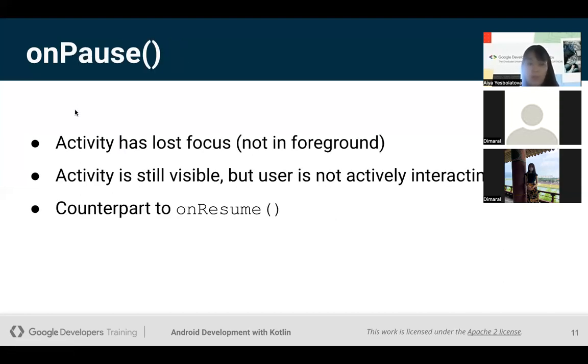And of course, if we have onResume, we should have an onPause call. This is where the activity is still visible, but the user is not interacting with it. And as I said already, it's a counterpart to onResume.